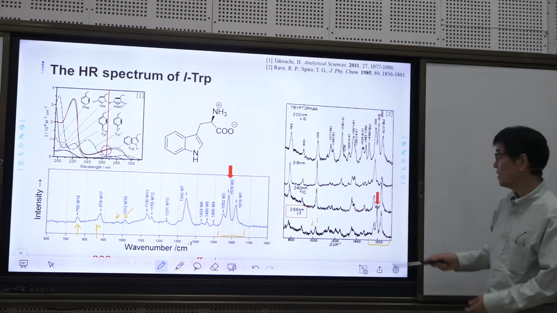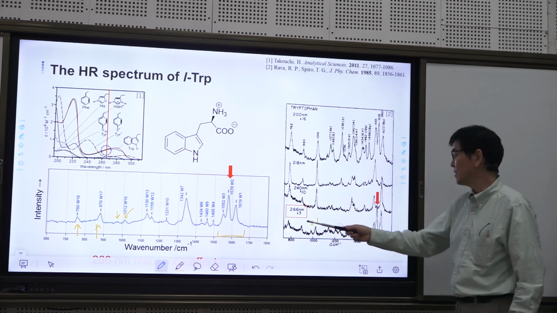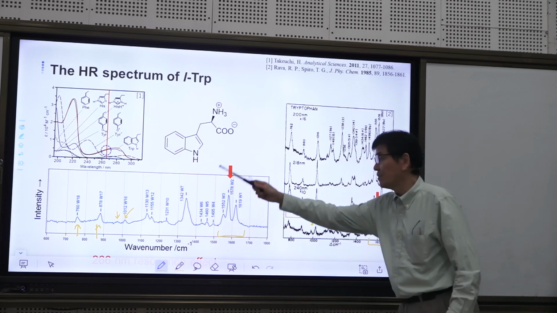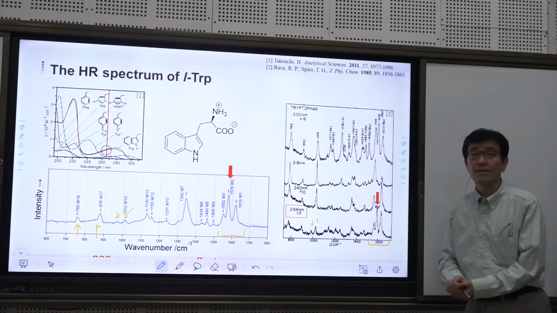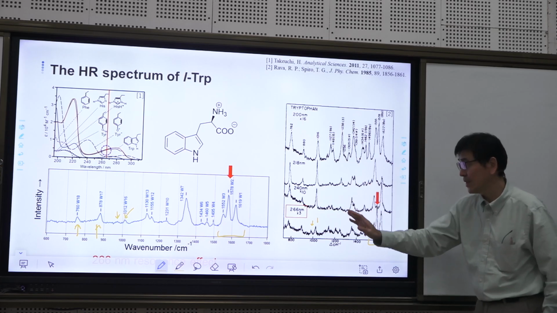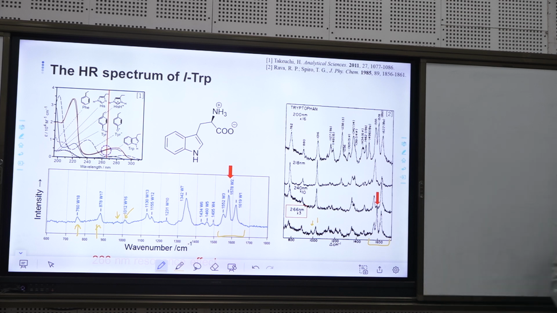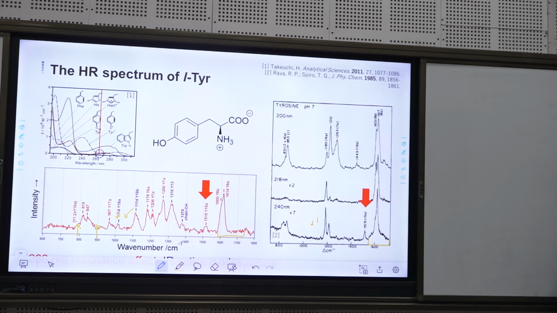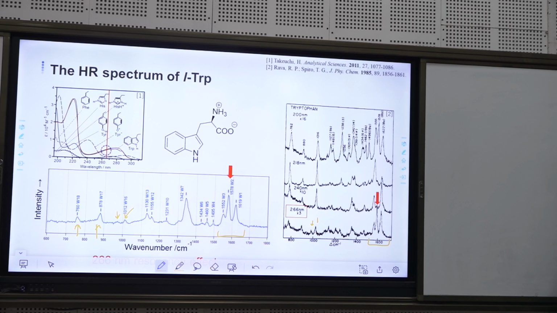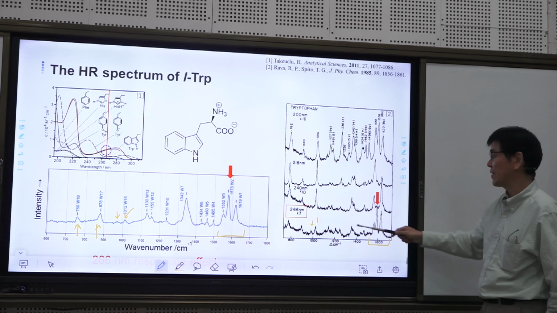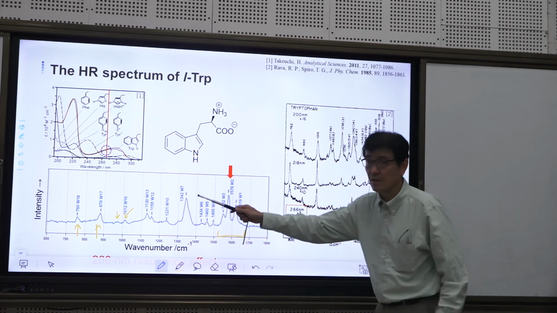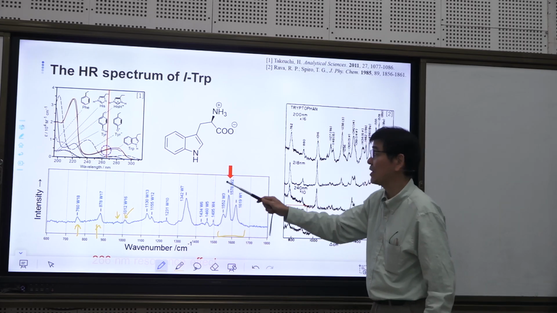So at a glance, these two spectra are very similar to each other. The 1 photon excited resonance Raman spectrum and the 2 photon excited hyper-Raman spectrum are similar to each other.